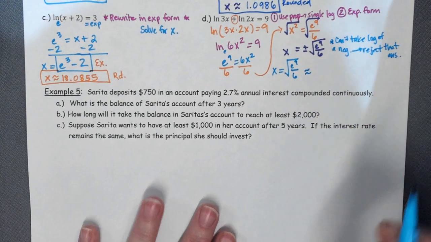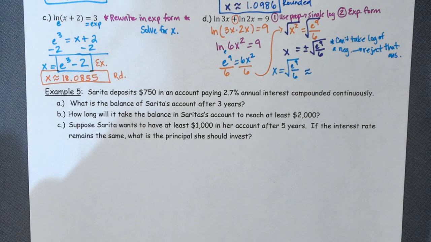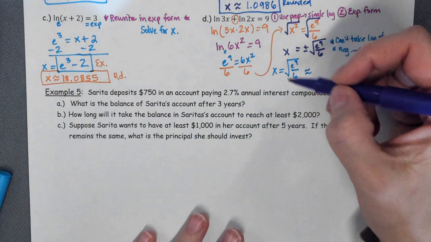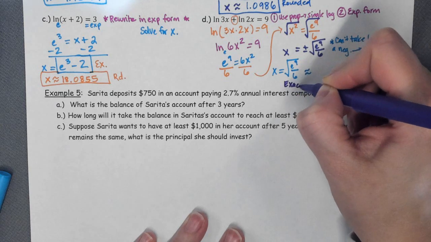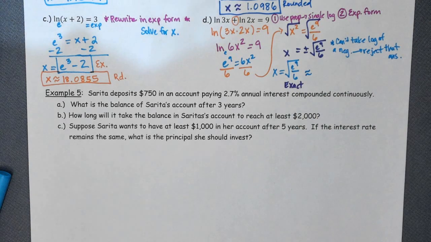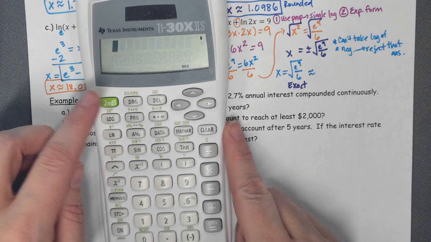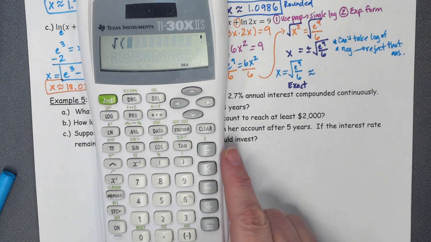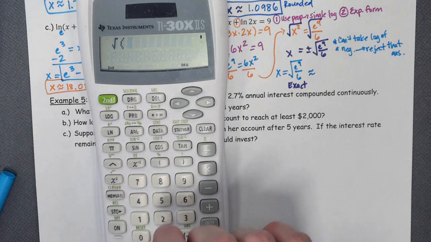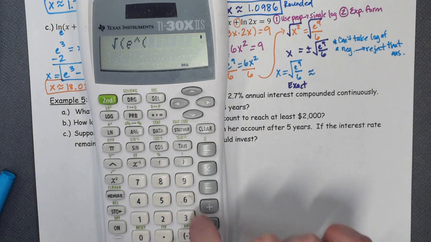And then let's go ahead and approximate it in our calculator. See if you can plug that in, please. So you have the square root of, and then it's e to the power of 9.